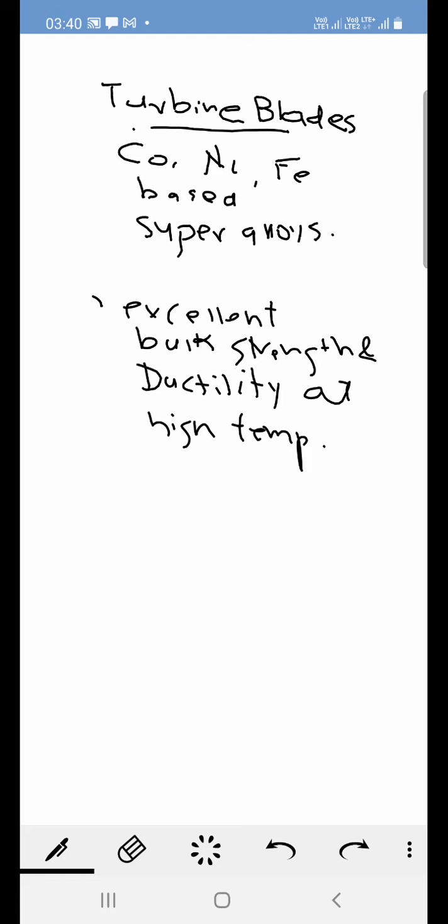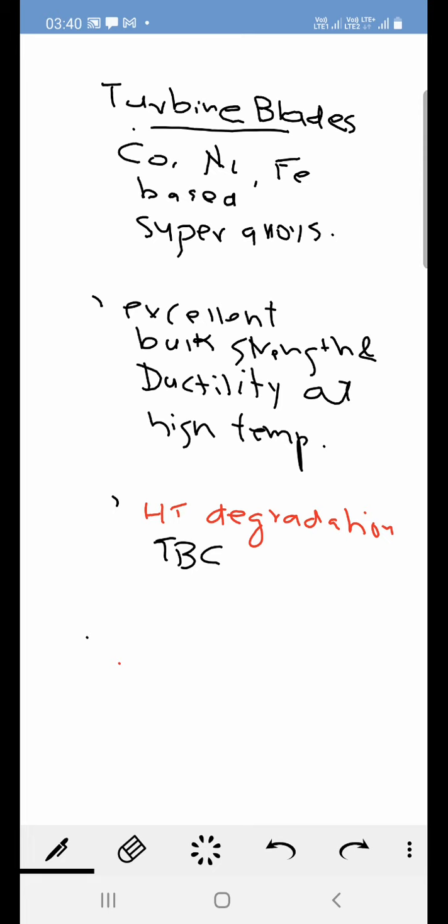Now, when we take the turbine blades to high temperature, there can be some high temperature degradation, let's call it HT degradation. To prevent such HT degradation, thermal barrier coatings are used.